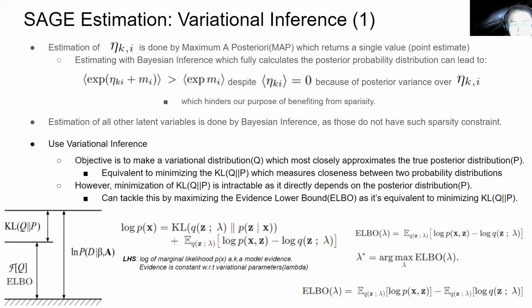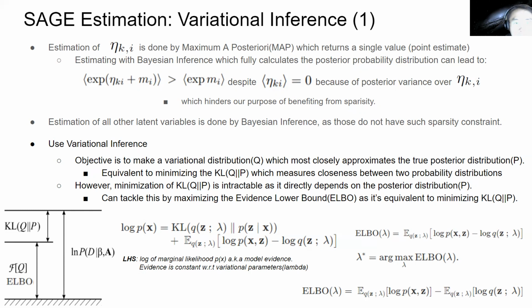So we want to avoid that kind of case, which means that when you say the expectation of the component mean is 0, it's just 0, with no variance factor at all. To estimate that point estimate, we cannot use Bayesian inference, which fully calculates the posterior probability distribution.